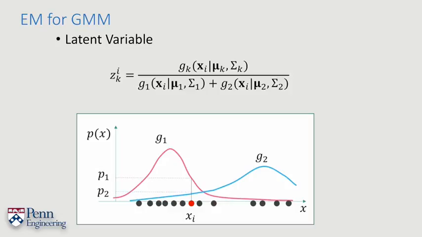If the value of g1 of xi is p1, and the value of g2 of xi is p2, then the value of zi1 is computed as p1 over p1 plus p2, and zi2 is computed as p2 over p1 plus p2. In this particular case, p1 is larger than p2, so it is more probable that xi is generated by g1 than g2.